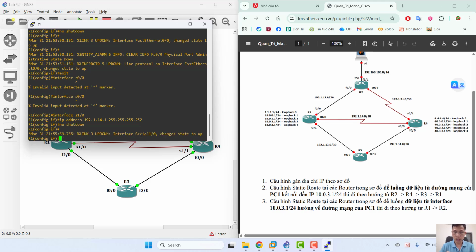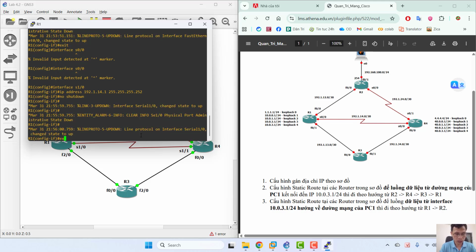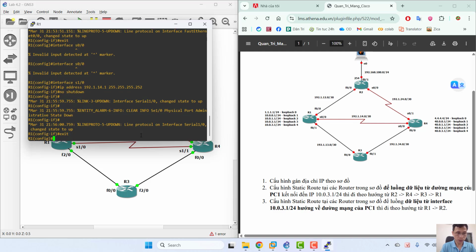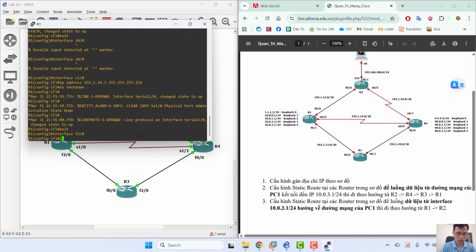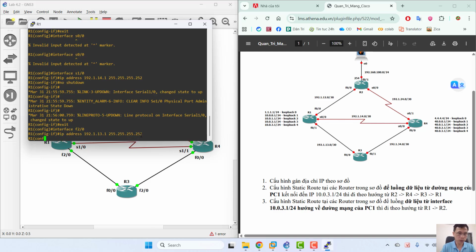Okay, going to the third port. Access interface 2/0, IP address 1.13.1, 255.255.255.252.